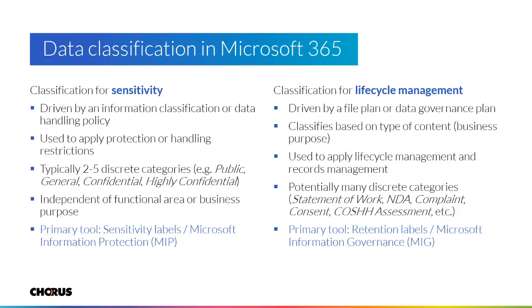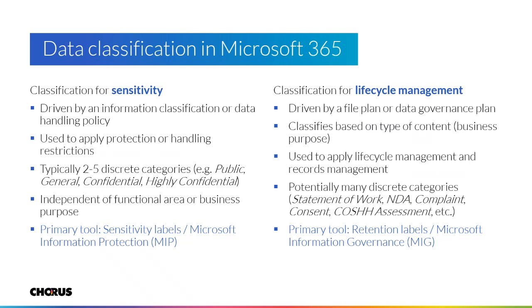So what does data classification look like in Microsoft 365? There's really two elements to it. The first is classifying for information sensitivity. So this is usually driven by an information classification policy or a data handling policy. And the reason for doing it is to apply protection or to apply handling restrictions based on that sensitivity.